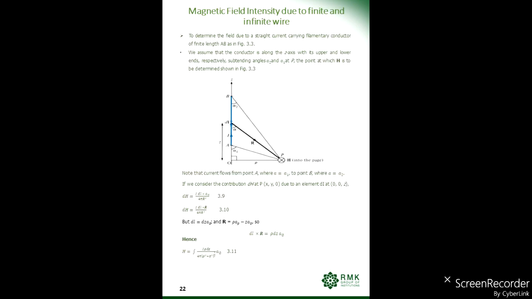Next, we go with a derivative part where we find the magnetic field intensity due to a finite and infinite wire. Now here, to determine the magnetic field due to a straight current carrying filamentary conductor of finite length AB, we assume that the conductor of length AB is along the z-axis with its upper and lower ends as shown in the figure.